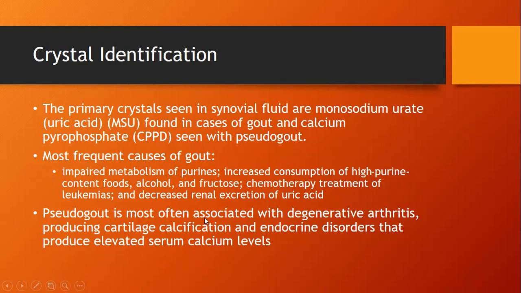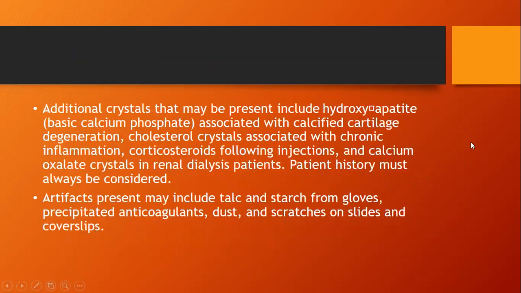However, pseudogout is most often associated with degenerative arthritis, producing cartilage calcification, and endocrine disorders that produce elevated serum calcium levels. Additional crystals that may be seen include hydroxyapatite crystals associated with calcified cartilage degeneration, cholesterol crystals associated with chronic inflammation, or following corticosteroid injection. Also, calcium oxalate crystals in renal dialysis patients.